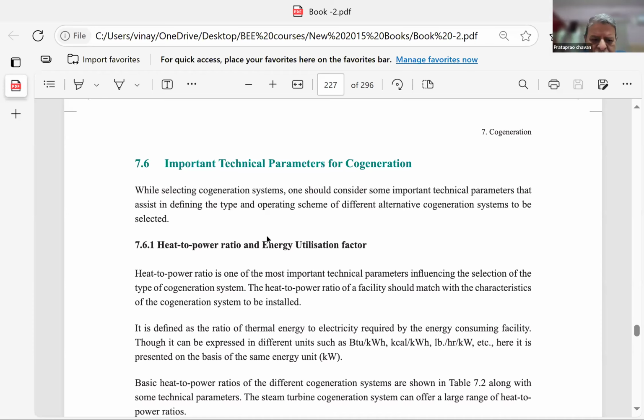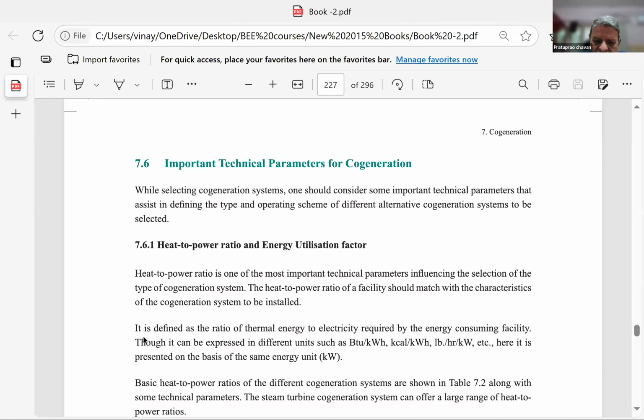What is heat to power ratio? It is one of the most important technical parameters influencing the situation. It is defined as the ratio of thermal energy to electricity required by the energy consuming facility.